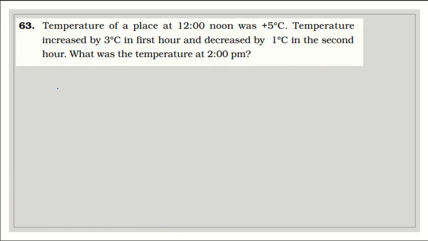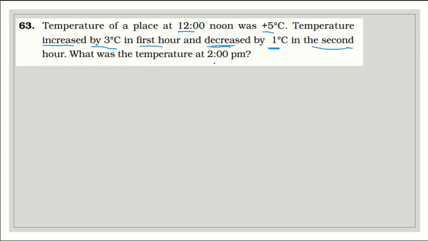In question number 63, temperature of a place at 12 noon was 5 degrees Celsius. Temperature increased by 3 degrees Celsius, increased means added, in the first hour, and decreased means subtracted, by 1 degree Celsius in the second hour.